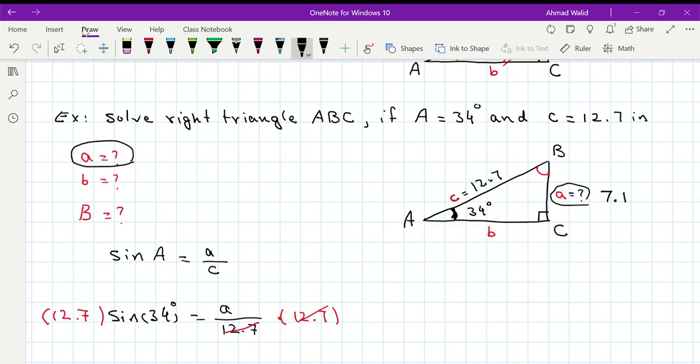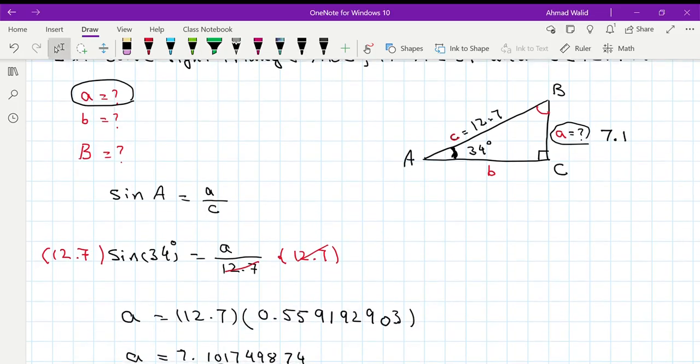To find the value of b, there are two ways to find. You can use the cosine, or you can use the Pythagorean theorem, and easily you can find the value of b also. I will use the trigonometric functions to do that, correct? I know that cosine of angle A equals b over c, correct?